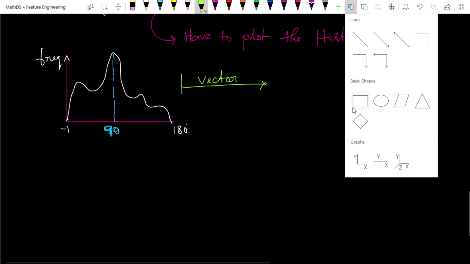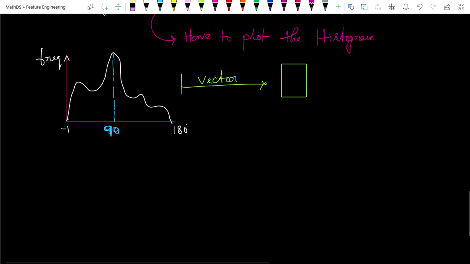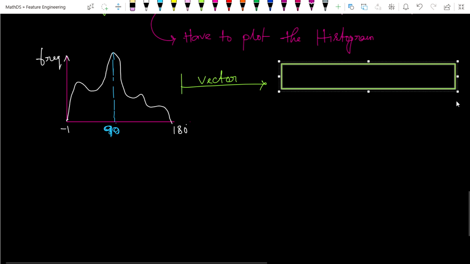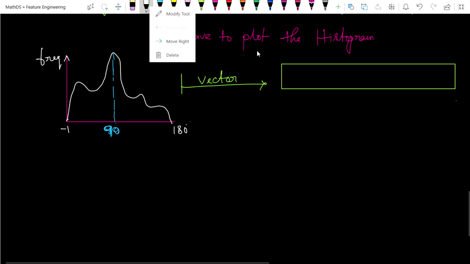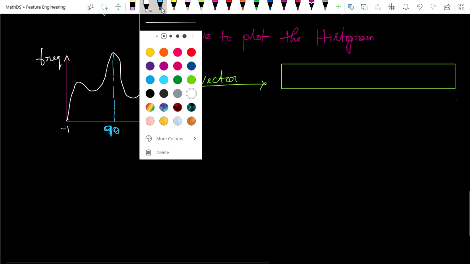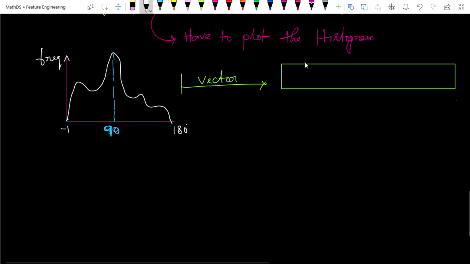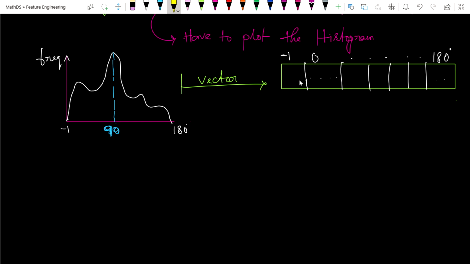To convert it, the simplest one, as we have seen previously, looks like this. Here it will be from -1, 0, up to 180 degrees. So each cell now contains the frequency value of it.